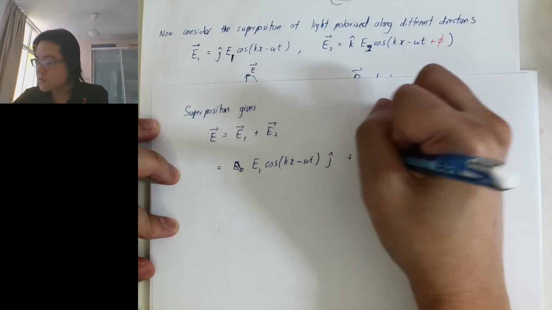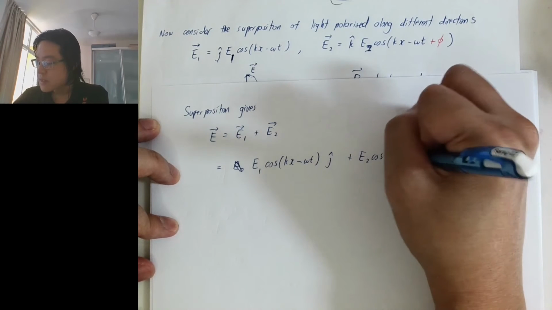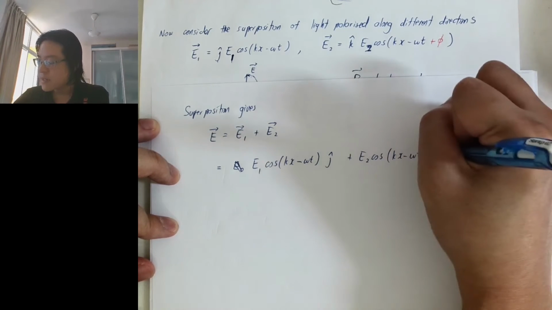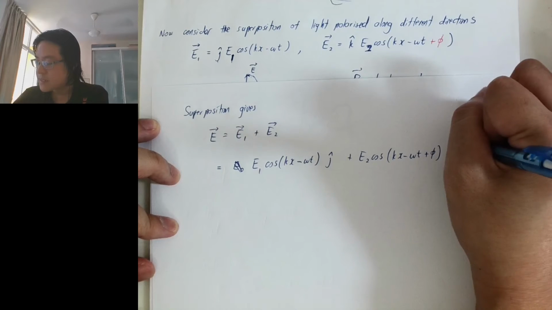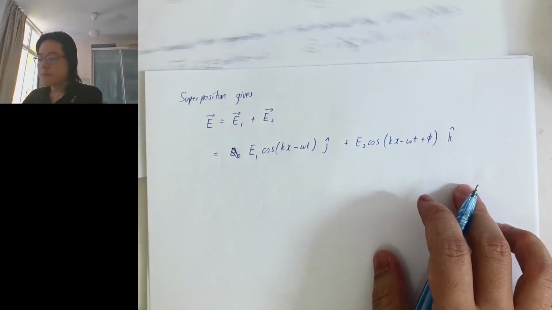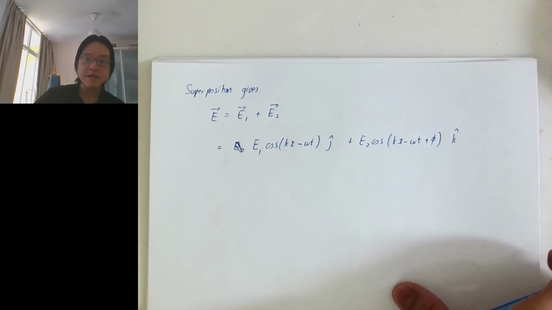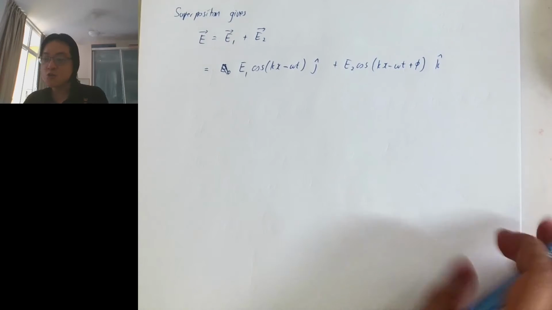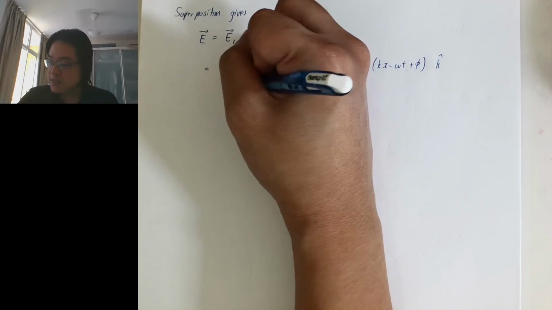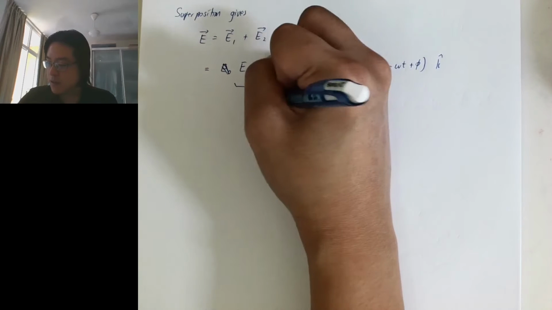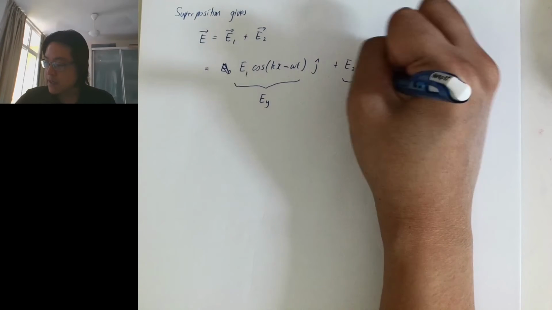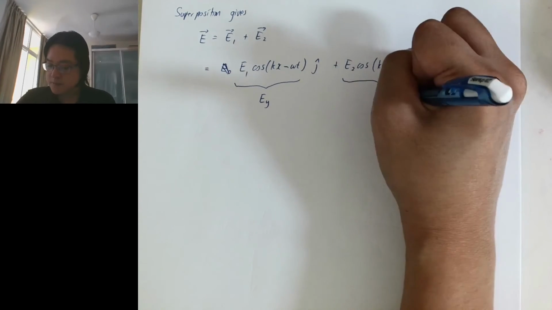So I have E2 cos(kx - omega t) with a phase difference, and this is in the k direction. There is nothing special here. I only have an electric field now that has two different components. This is my y component, and this is my z component.